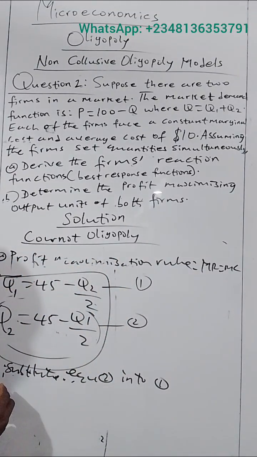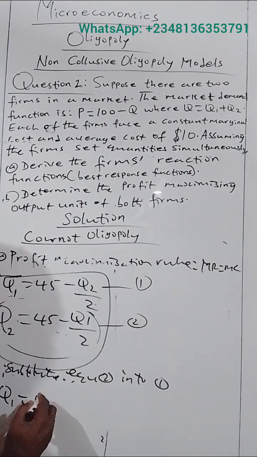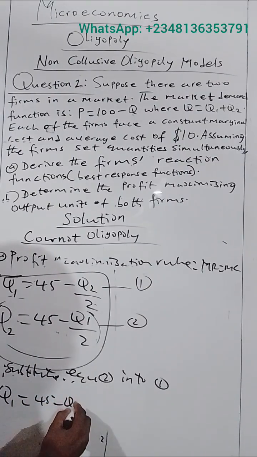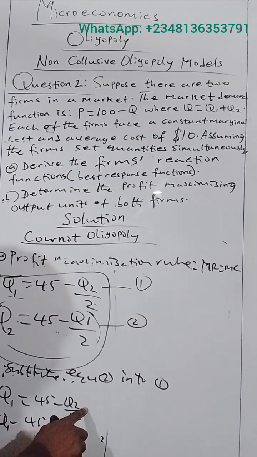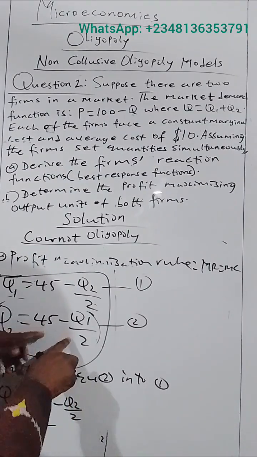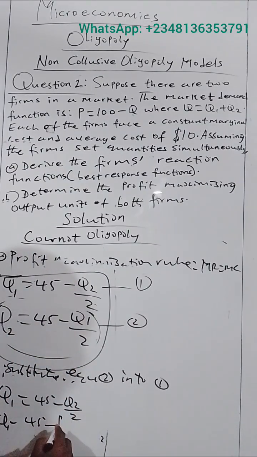Then I'm going to substitute the reaction function of firm 2 into that of firm 1. So in other words, I have Q1 equals 45 minus Q2 over 2. You see that is the original equation. But if I want to substitute this into this function, I'm going to have Q1 equals 45 minus Q2, wherever I see Q2, I'm going to plug in 45 minus Q1 over 2.